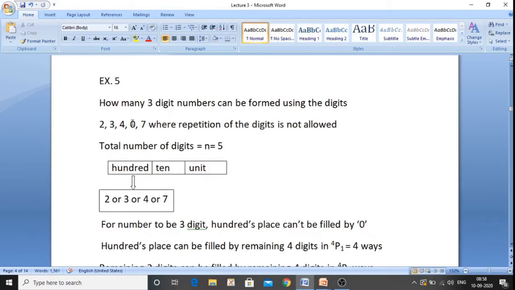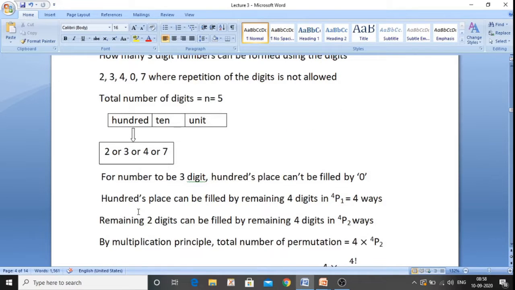So once you drop 0 for this place, the remaining digits will be 2, 3, 4 and 7. So in the hundreds place, we can fill either 2 or 3 or 4 or 7. That means totally 4 digits and 1 place. Therefore the hundreds place can be filled by the remaining 4 digits in 4P1, that is equal to 4 ways.